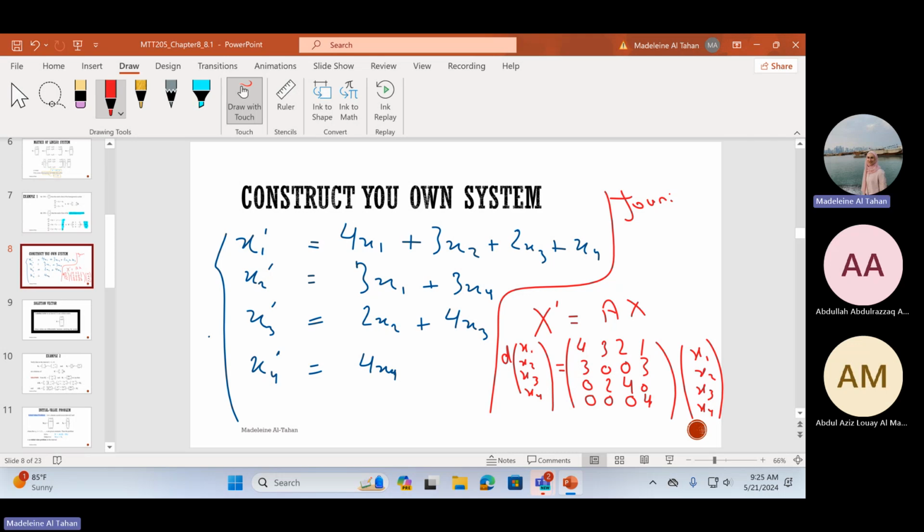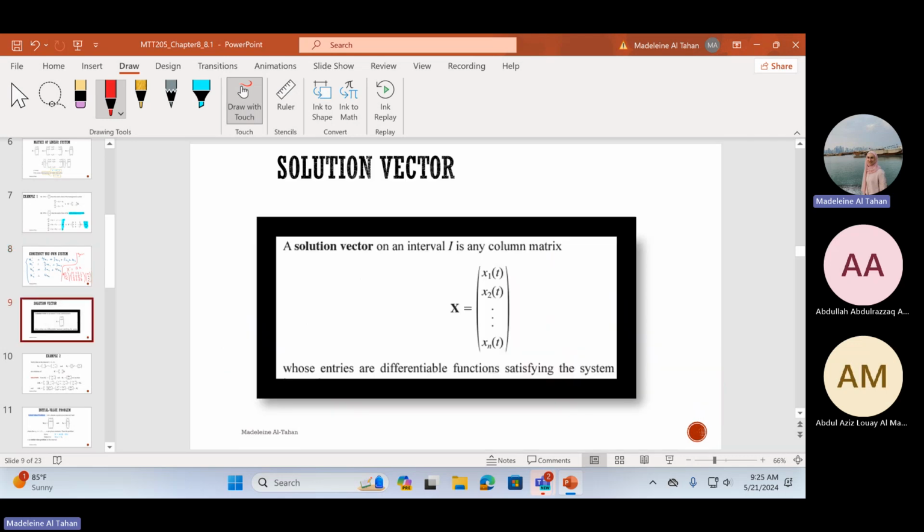Now, how do we identify if we are given a vector, how can we say that this vector is a solution? What do we need to do? Substitute. What should we get? Left equal to right. So please write what we mean by a solution vector so that we can start by applying it.